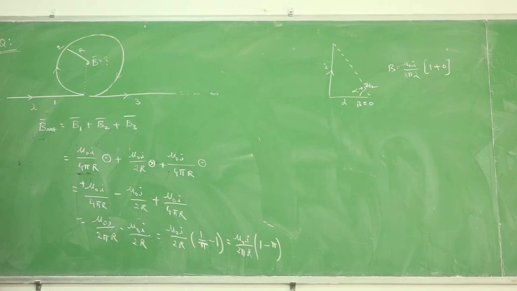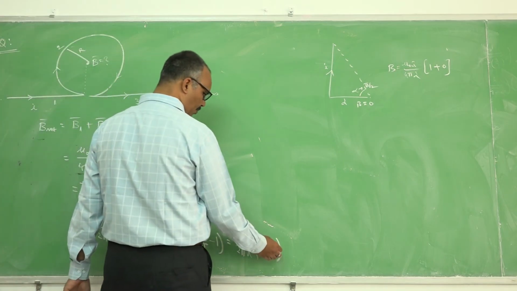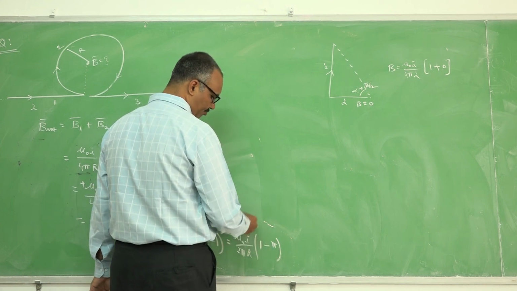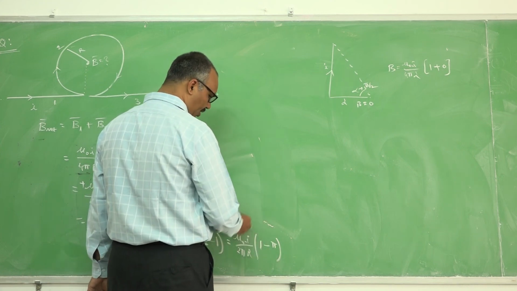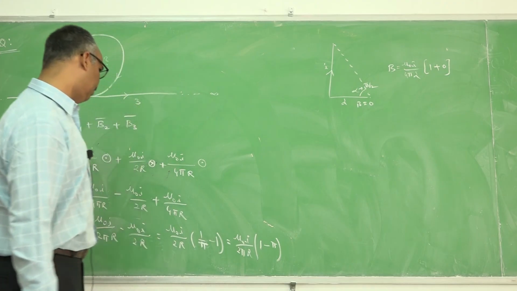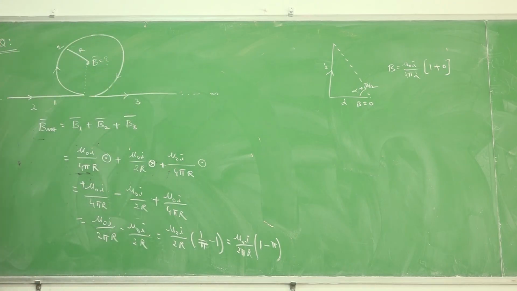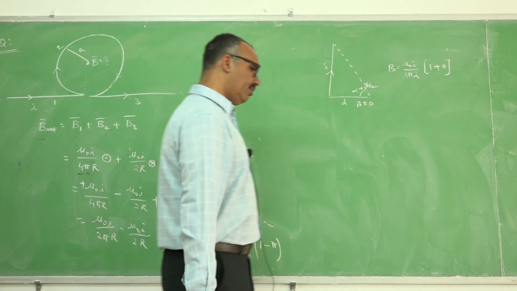So obviously 1 minus 3.14 gets a negative sign. Negative sign means it is into the paper, we can conclude. Will you agree with my discussion?